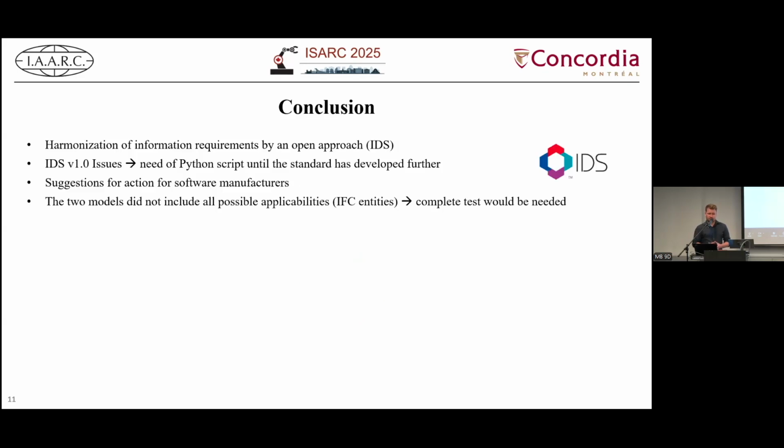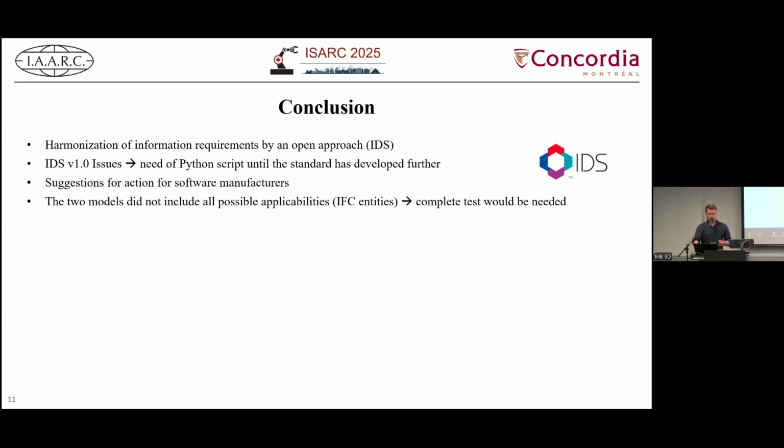To come to a conclusion, we did a harmonization of information requirements by an open approach, the Information Delivery Specification. There were a couple of issues, but we bypassed them with a Python script.